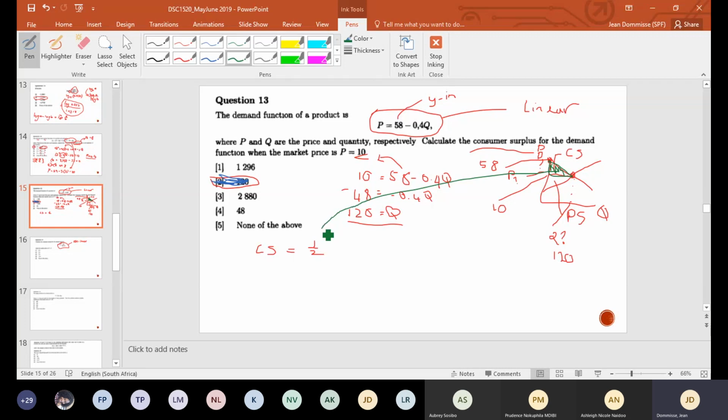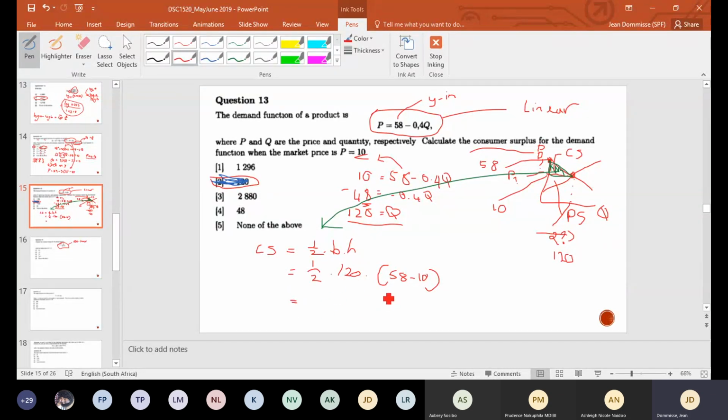The formula is a half times base times height. So we have a half, the base is 120, and the height is 58 minus 10, which is the 48 that we worked with.